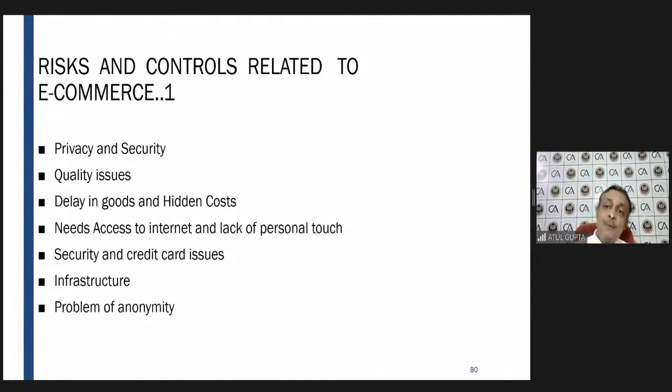Security relating to the payment gateways, that becomes again a critical issue. Credit card issues. So whenever you make an online payment through your mobile, please validate that it's a secure mode of payment. There are indicators, there are certifications on the mobile app, the online apps, where you are making payments.